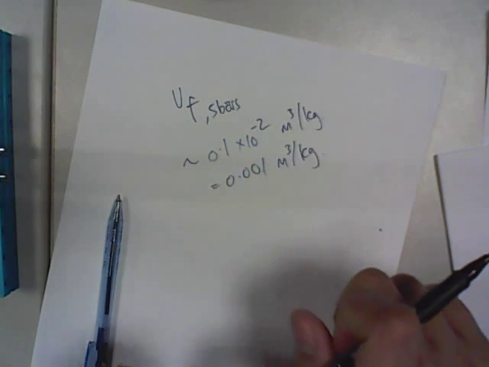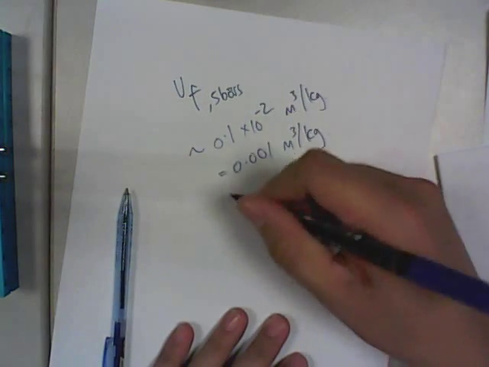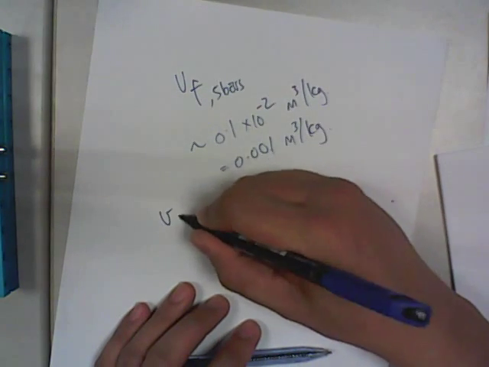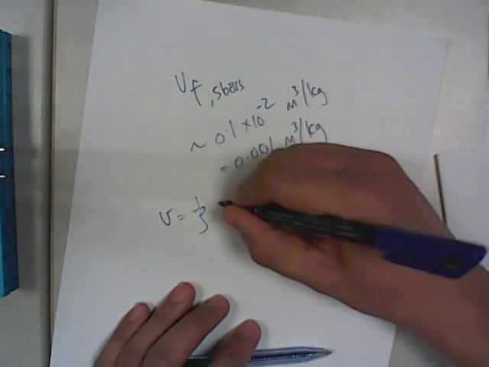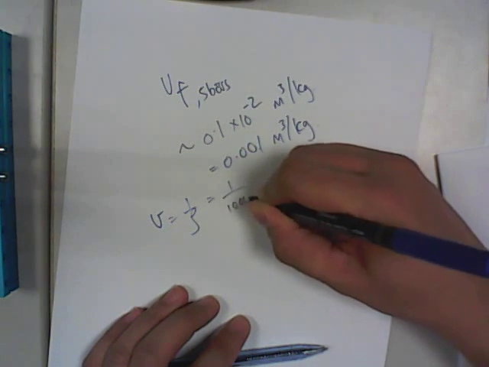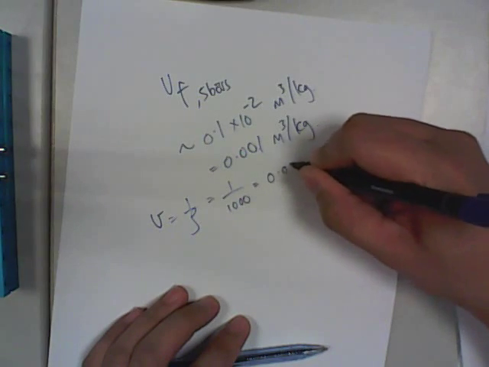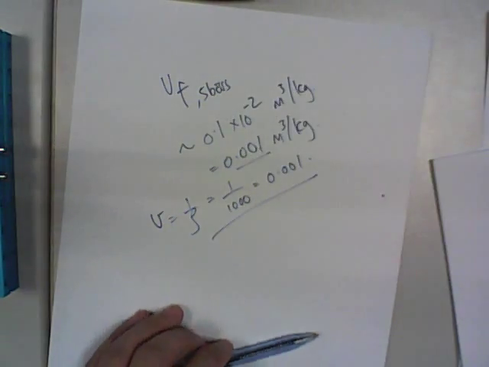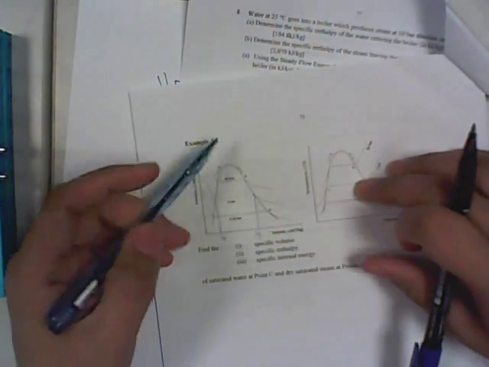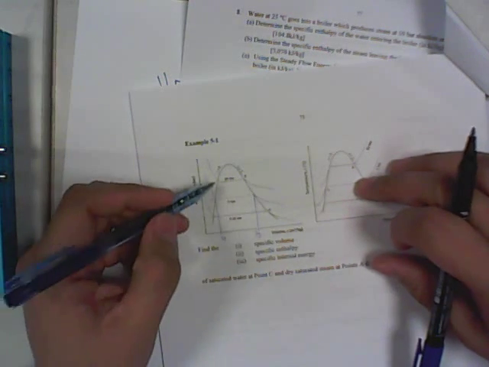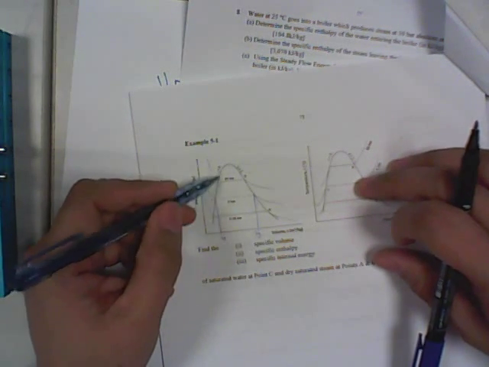If you do not find this familiar, specific volume is actually 1 over density. So what is the density of water? 1000, so 1 over 1000 is exactly 0.001. So you see that when the steam is at the saturated liquid line, the F line, the specific volume does not change much, and the density does not change much.